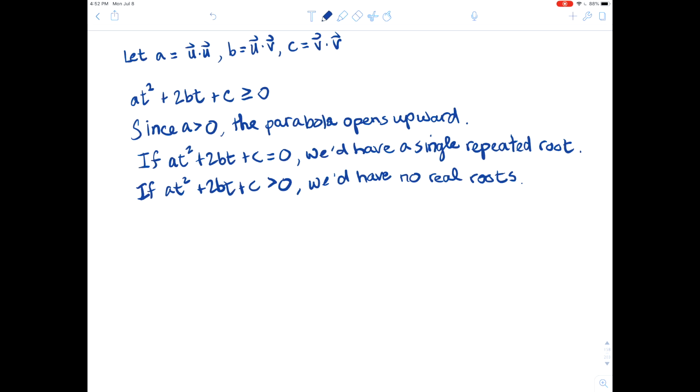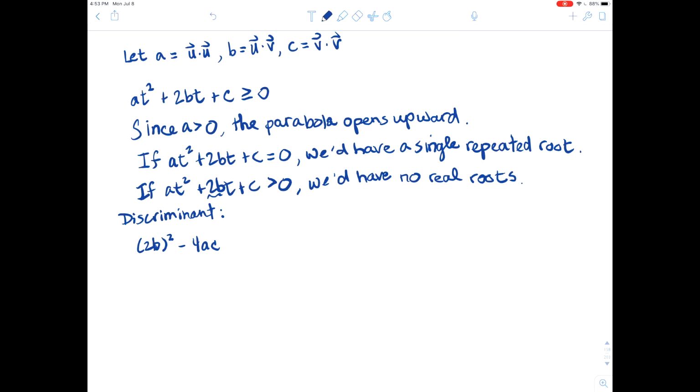Okay, so now let's see. Why don't we take a look at what our discriminant would be, right? So our b in this case is going to be the 2b, right? Because that's the coefficient to the t. So our discriminant would be two b squared minus 4 times a times c, and that's going to be what?